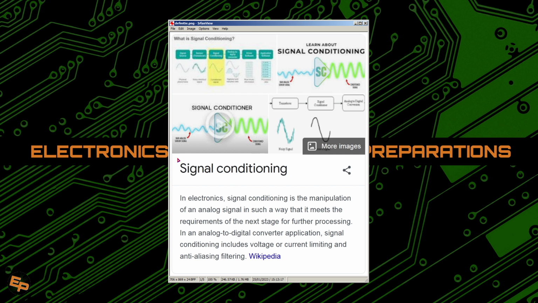And this is a very generic term. It's not specific. Pretty much anything you can think of doing with your signal can be called signal conditioning.